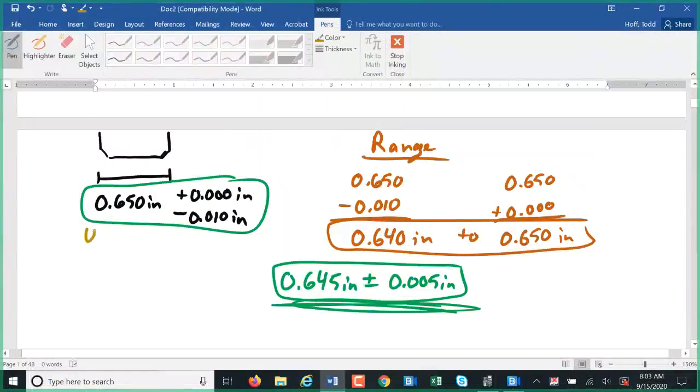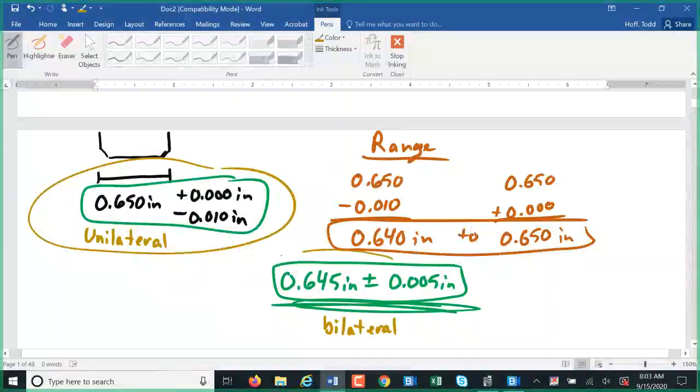Well, this, by the way, is called a unilateral tolerance or unilateral allowance, depending on how you want to specify it. This is called bilateral, meaning it goes in both directions. Unilateral, one direction. Well, there is actually a good reason to do it this way instead of this way.